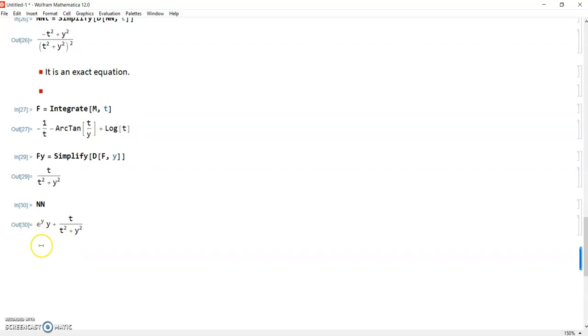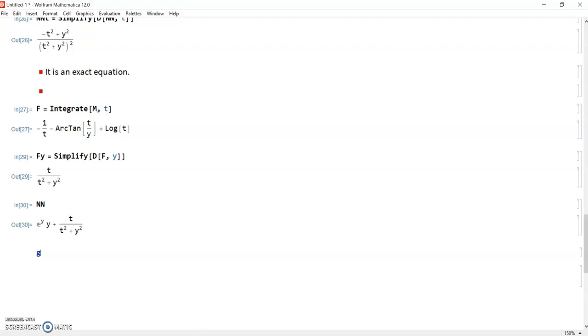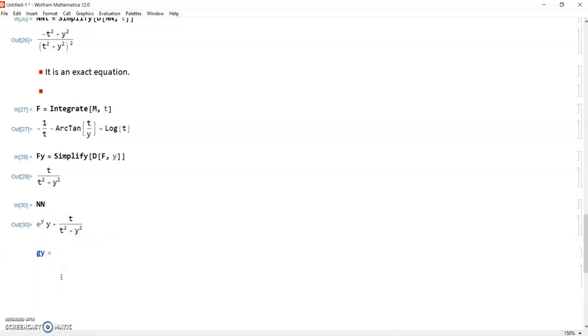So by this comparison, g prime of y, that is the derivative of g with respect to y, will be equal to e power y of y.